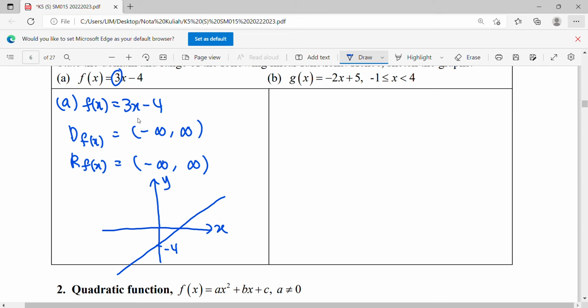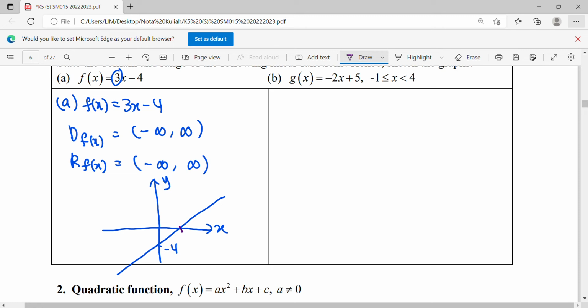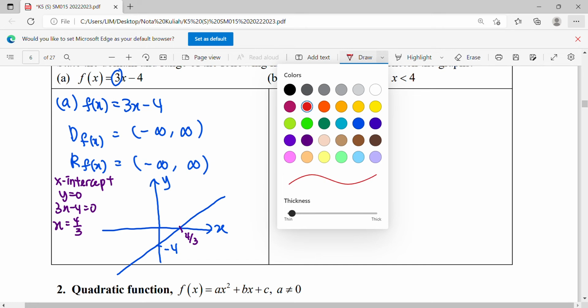So what is this? This is the x-intercept. X-intercept is where we find y equals to 0. So means 3x minus 4 equals to 0. X will be equal to 4 over 3. So label our x-intercept and y-intercept.